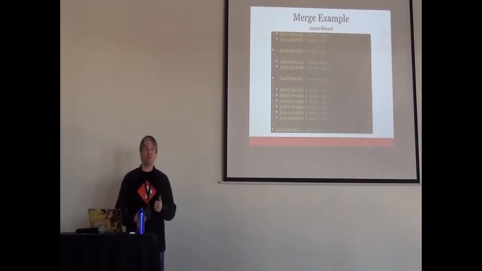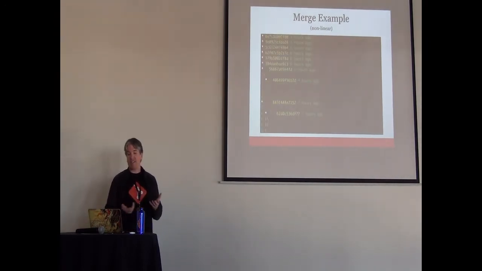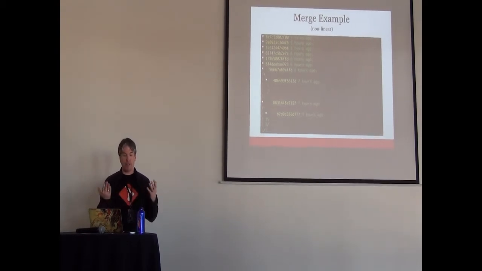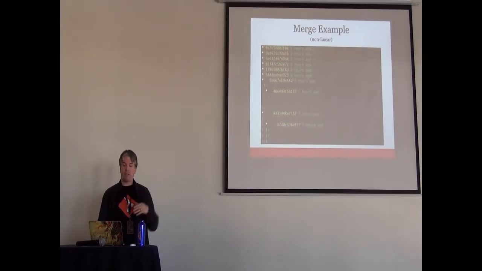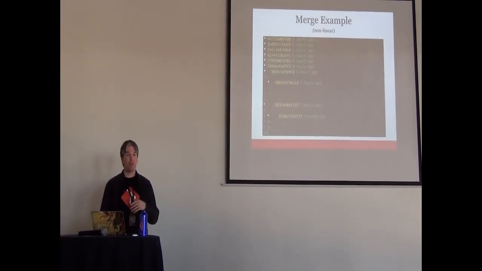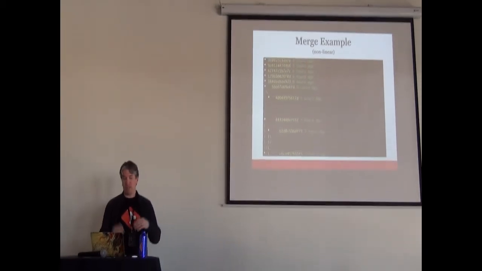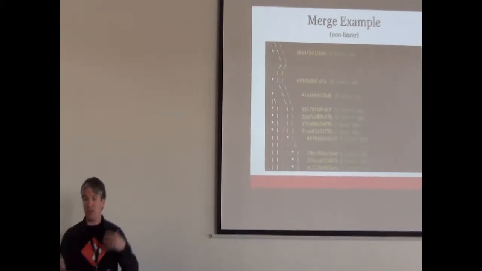So let's take another example where this can get out of hand really quickly. In this case, this is another branch, another team I've worked on, where they just merged everything. You can see the last couple commits here, 5 hours ago, was okay. We kind of got it back in a linear fashion. But as we scroll through this, it starts to get really out of hand because we just merge and merge and merge all the time.